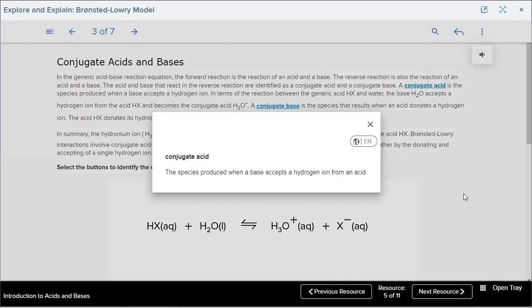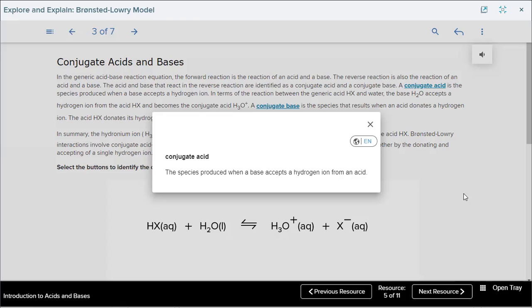Right, so when a base accepts a hydrogen ion, it will change into a conjugate acid.